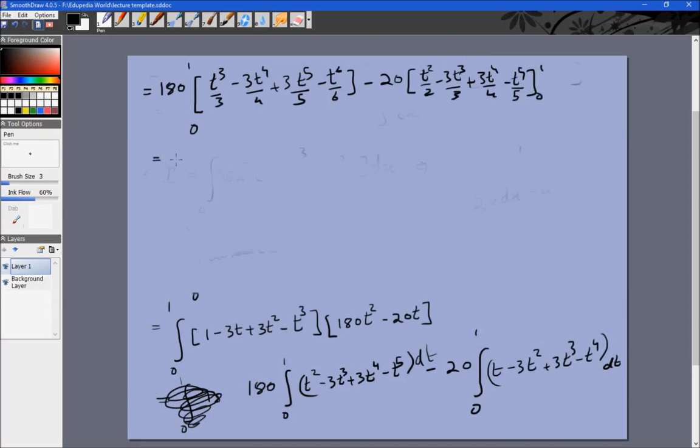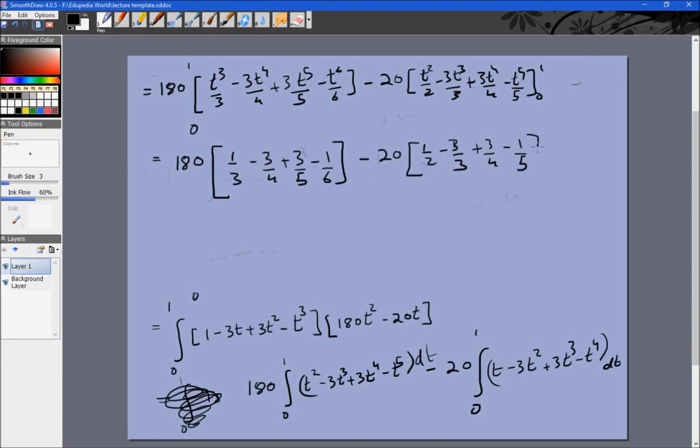So we just need the value at 1, which is 180 times (1 by 3 minus 3 by 4 plus 3 by 5 minus 1 by 6) minus 20 times (1 by 2 minus 3 by 3 or 1 rather, plus 3 by 4 minus 1 by 5).